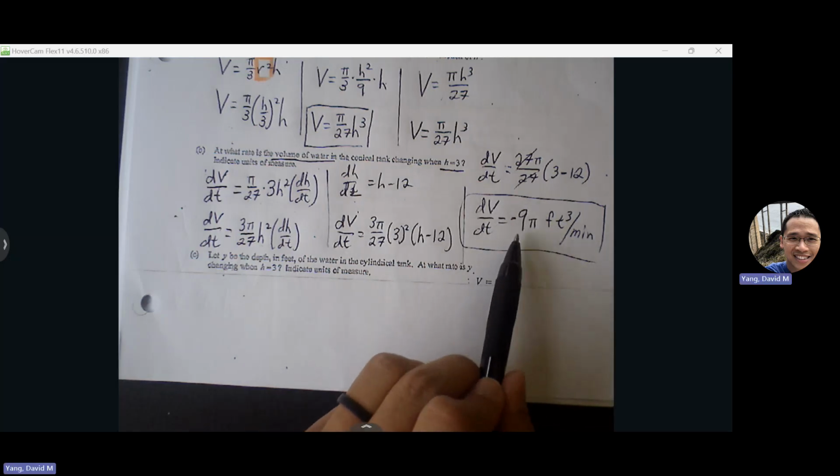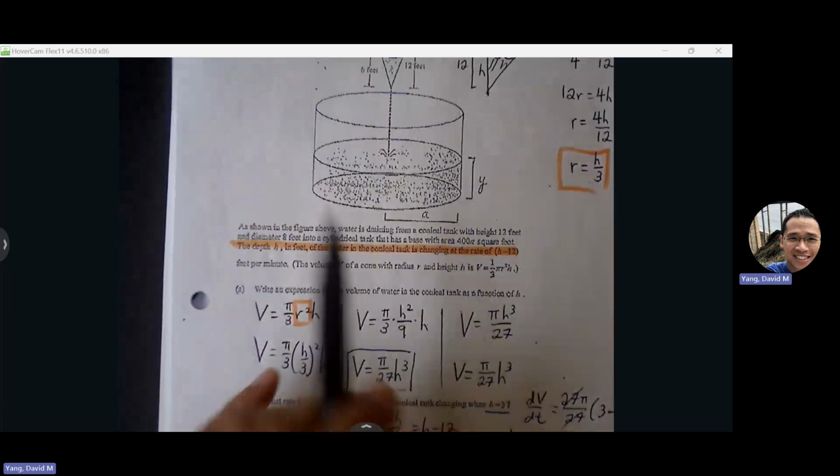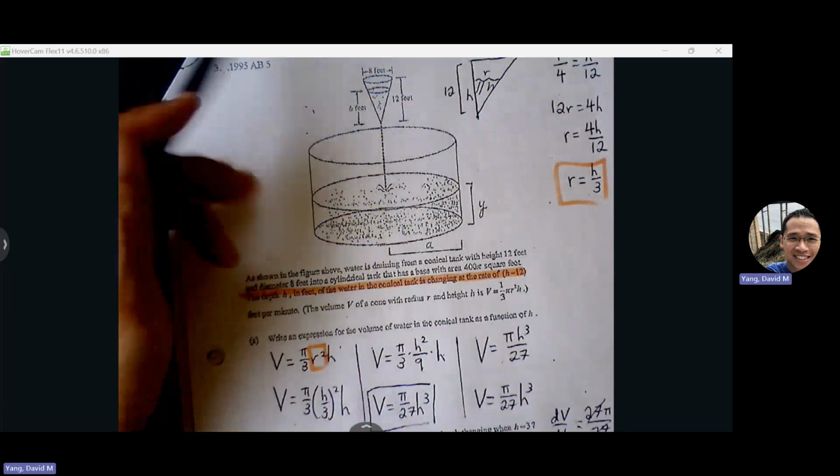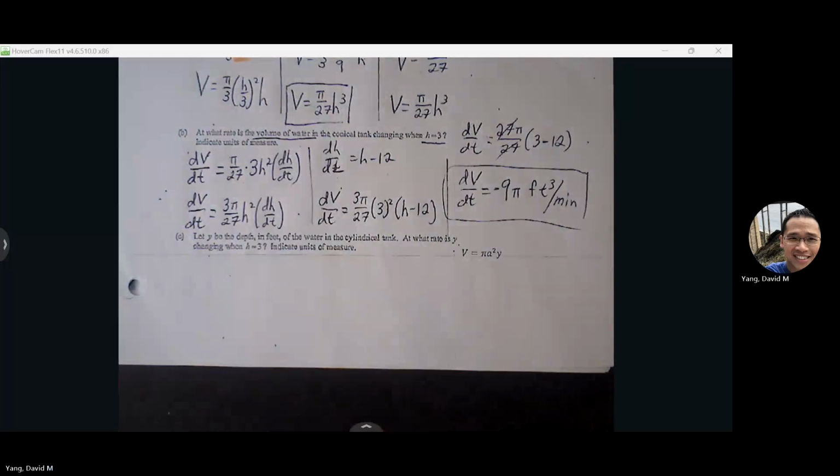Does it make sense that we're getting a negative for dV/dt? Yeah. Okay, because water is draining. All right, everybody okay with part B?